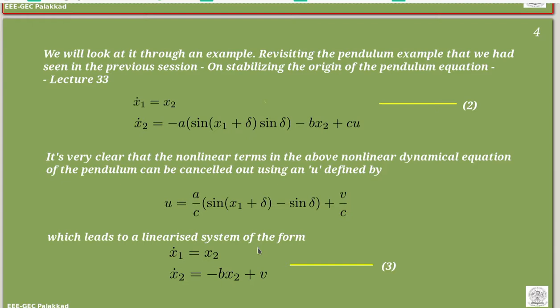Revising the problem of a pendulum in the previous lecture, we have x1 dot equal to x2 and x2 dot equal to minus a into sine of x1 plus delta minus sine delta minus b x2 plus c u.